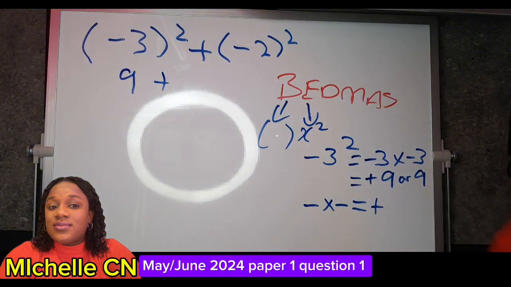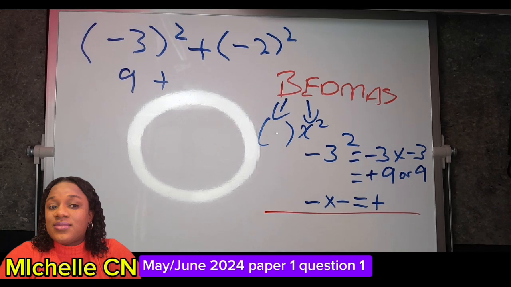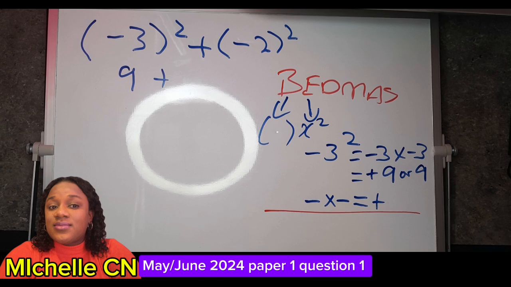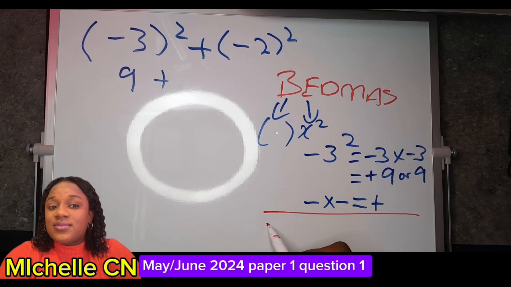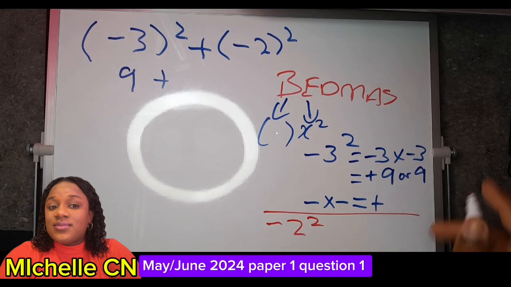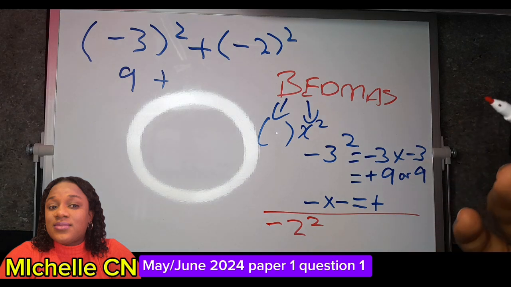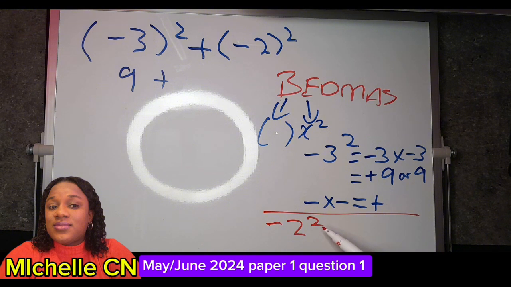So I'm going to use another color. Similarly, we can see that negative 2 squared, finding the exponent, which is also known as powers, indices, exponents, and when there's a 2 power on the top, it means you write the number twice, negative 2, and you multiply them.